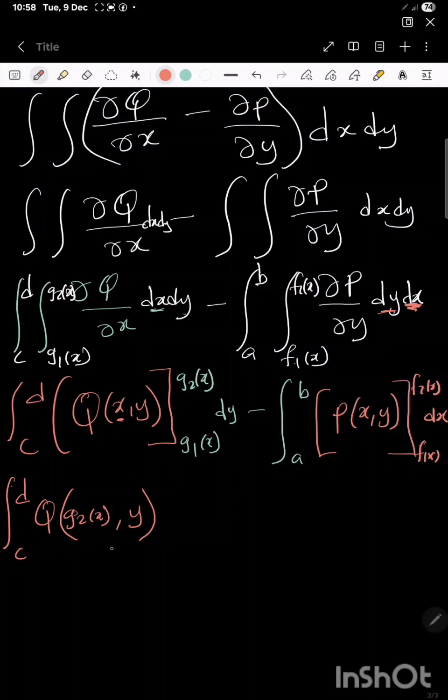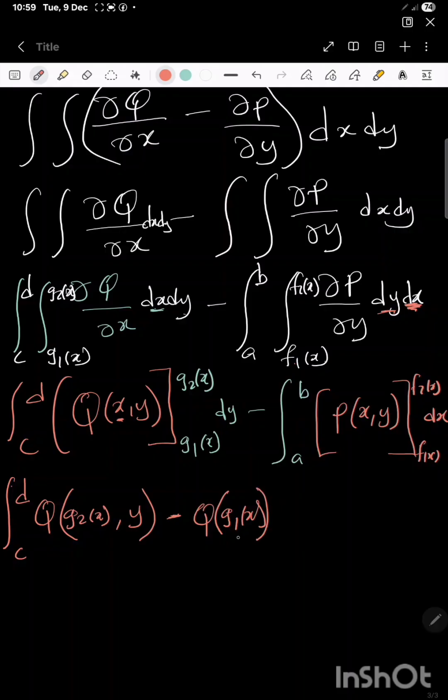Then minus, you also put the lower limit, q of g1 of x.